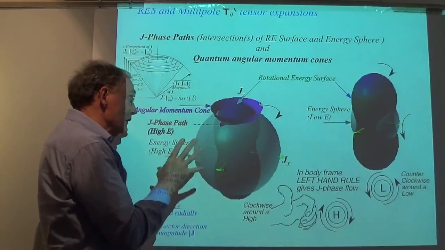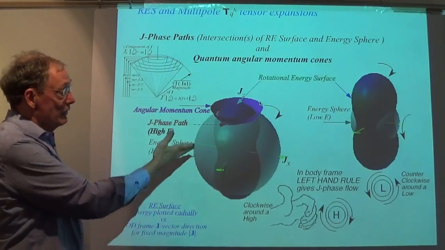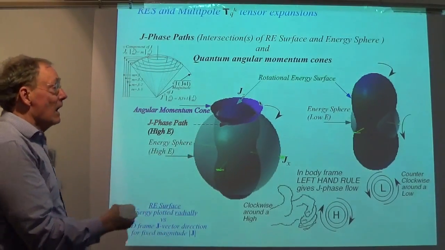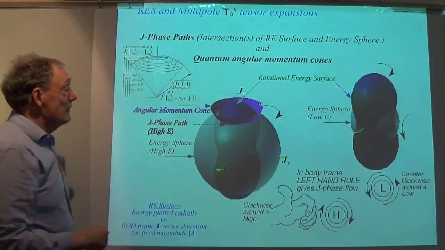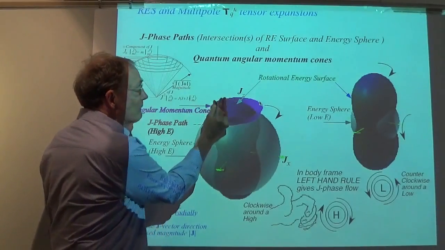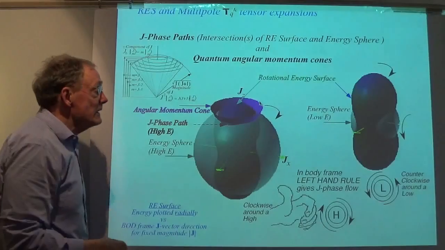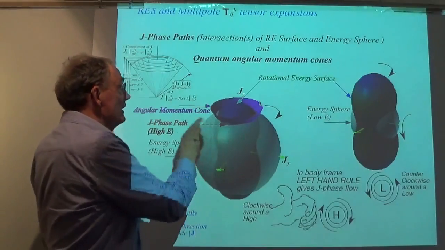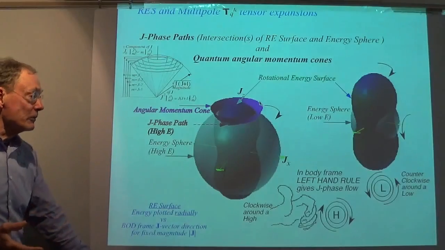But the length of it will be the only thing that's maintained in a body frame. That vector will move all over the place. And that's true classically. Even if the angular momentum cones were to be very tiny because we're working with quantum numbers that are astronomical, we still would have the J moving around in a classical sense.